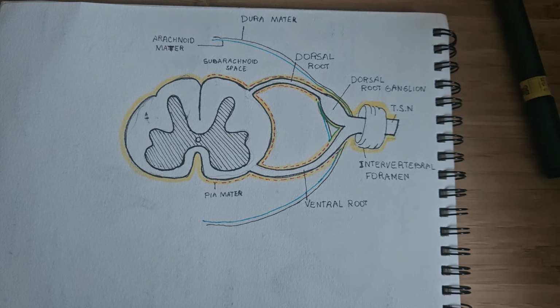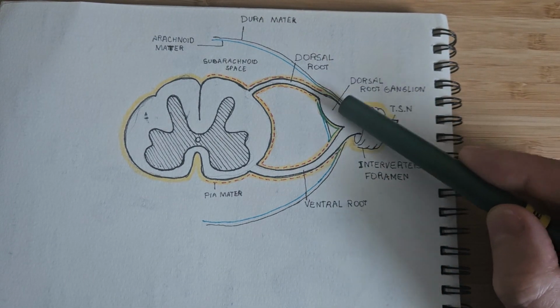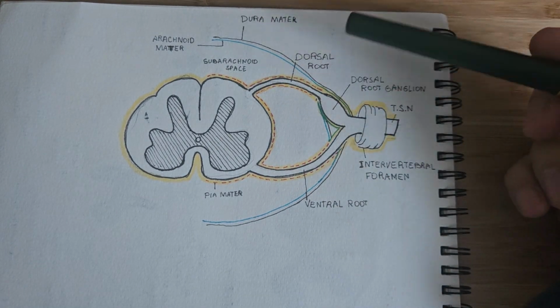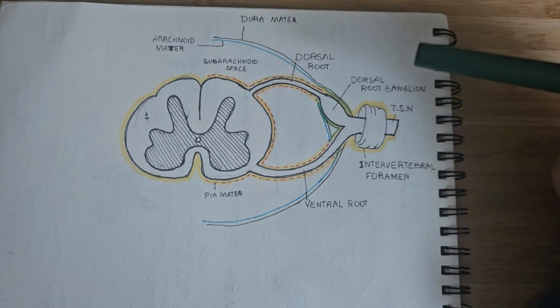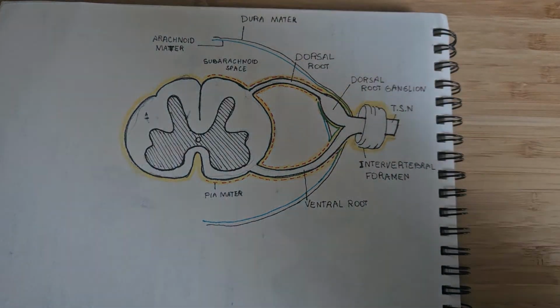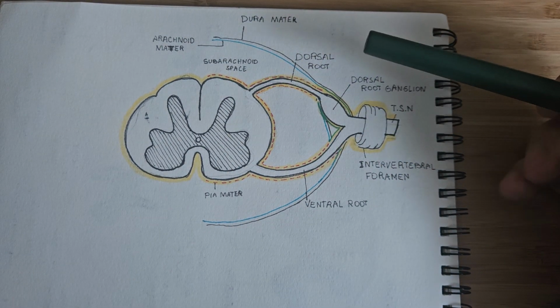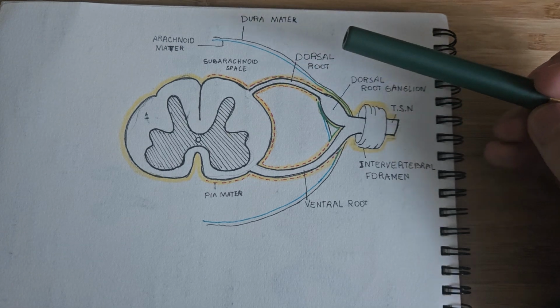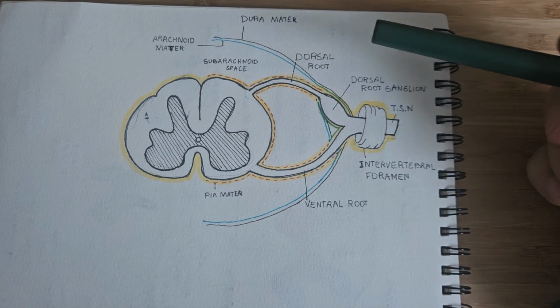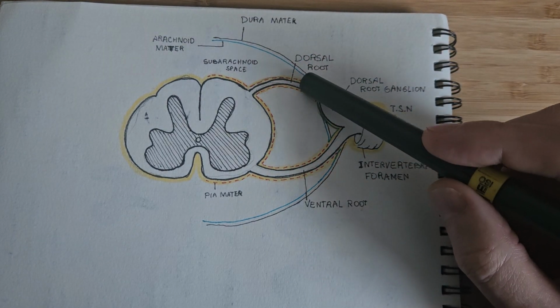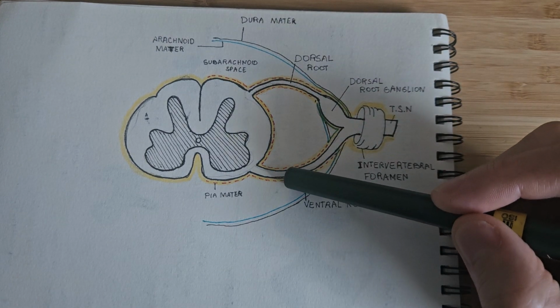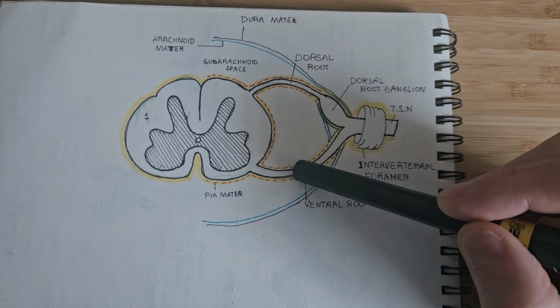Now here, as I mentioned in my last video, we have the dorsal root, and the dorsal root is covered by pia mater. This is sensory. The ventral root is motor.